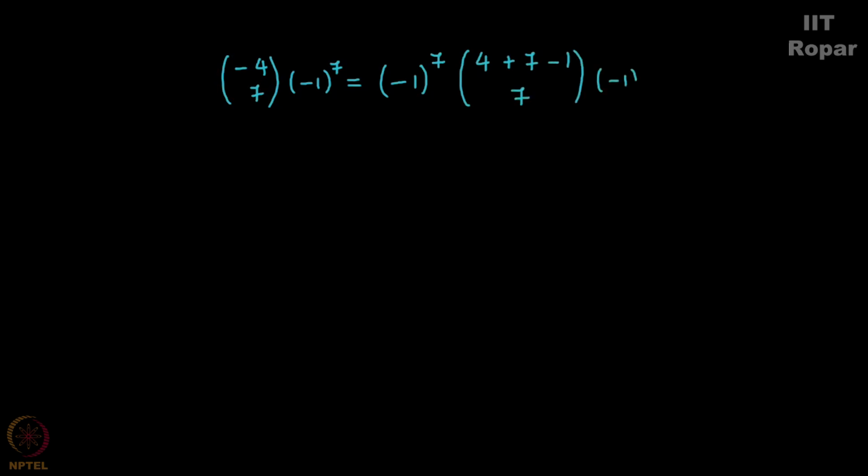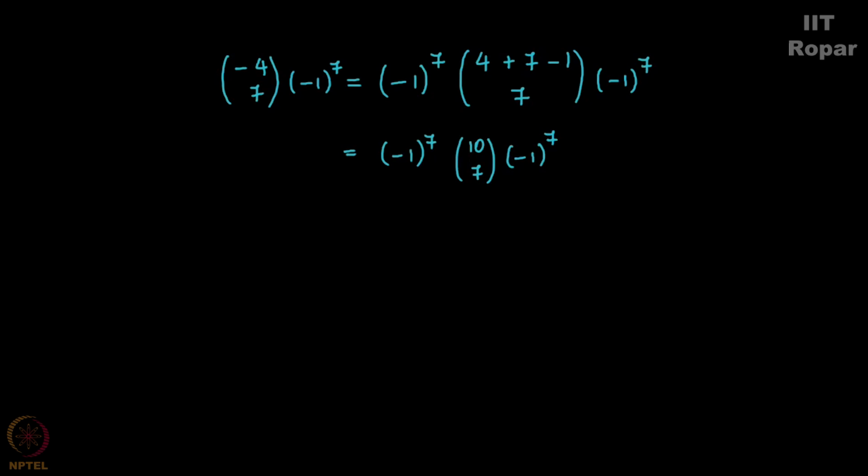So, the answer goes like this. Minus 1 to the 7 into 4 plus 7 minus 1 gives me 10. So, it is 10 choose 7 into minus 1 whole to the 7. So, minus 1 into minus 1 gives 1. 1 into 10 choose 7.